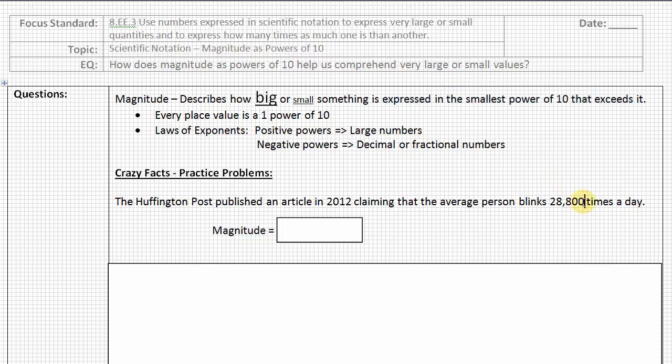And if I put my cursor here, we can see that there's 1, 2, 3, skip over the comma, 4, 5 place values. So the magnitude of 28,800 is 10 to the 5th power. And 10 to the 5th power, if we multiply 10 times itself repeatedly 5 times, is going to be 100,000. So start to look at this number in comparison to this number, because it's going to come in handy.